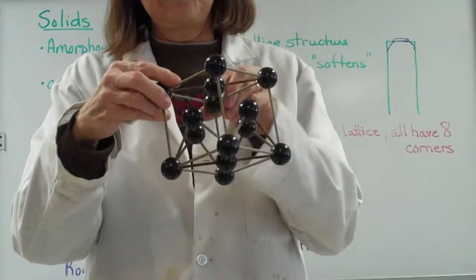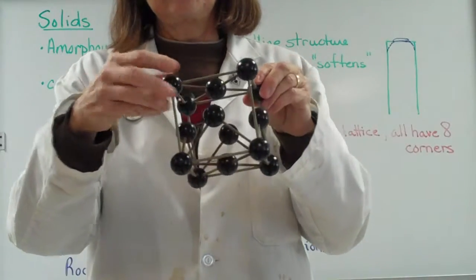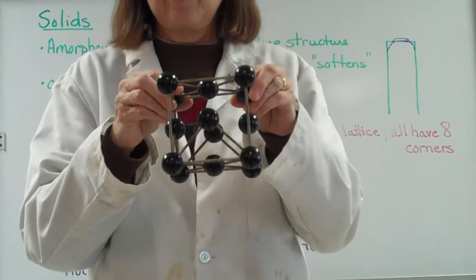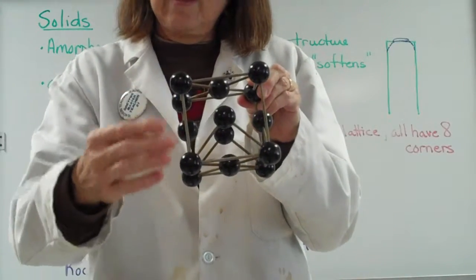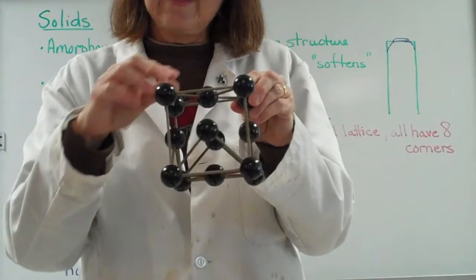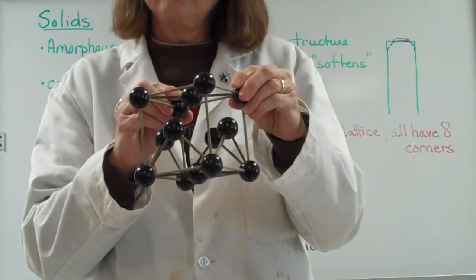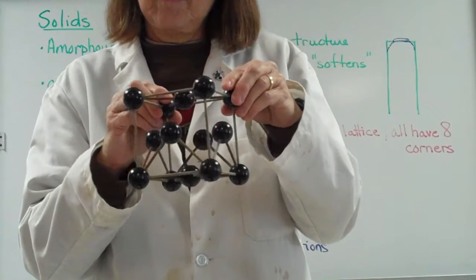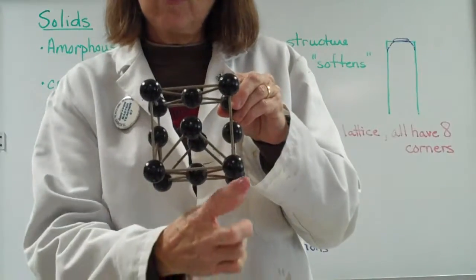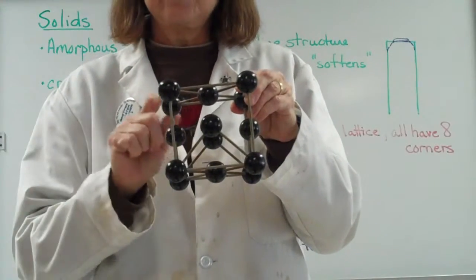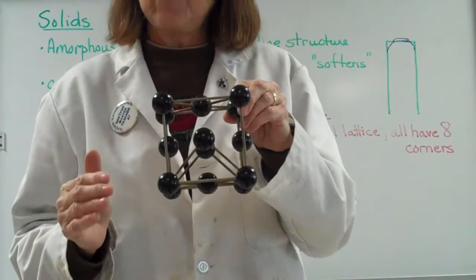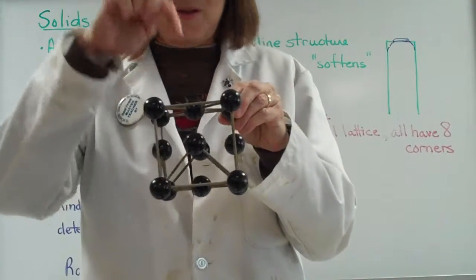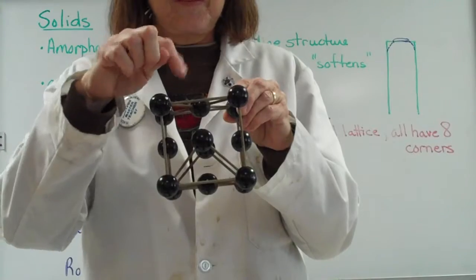Face-centered cubic. Not only do you have the particles in the corners, in the middle of each face there is another particle. 1/8 of each corner belongs to this unit cell, and 1/2 of each face belongs to this unit cell.